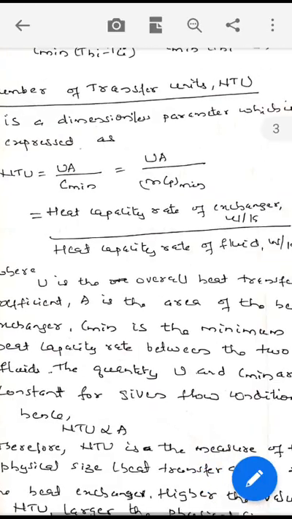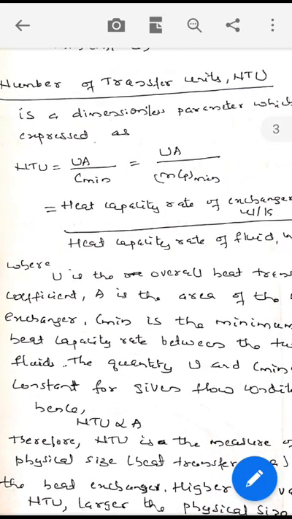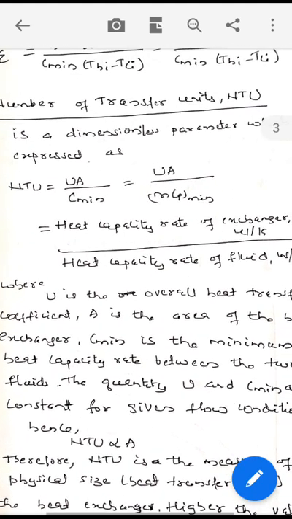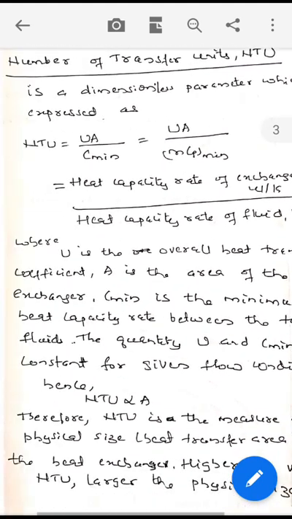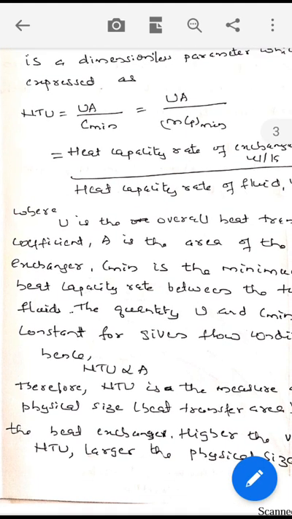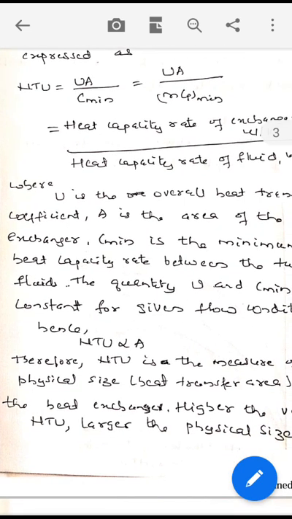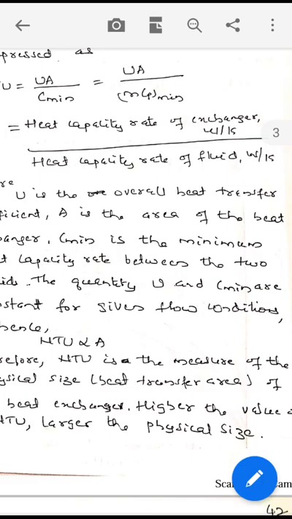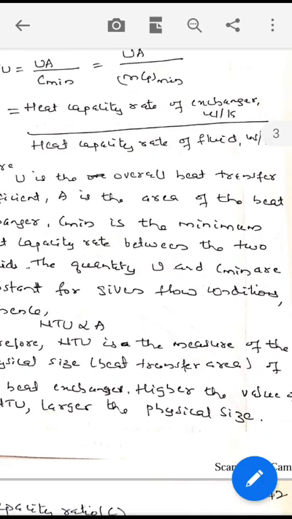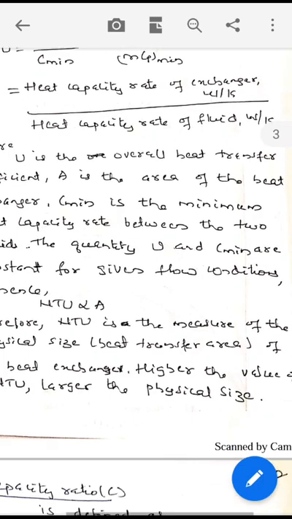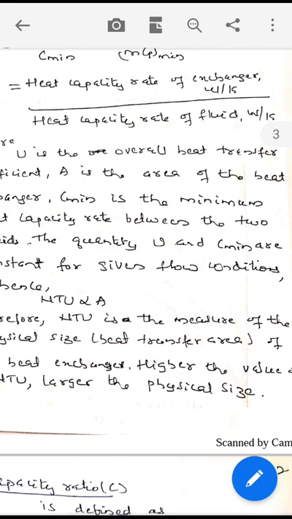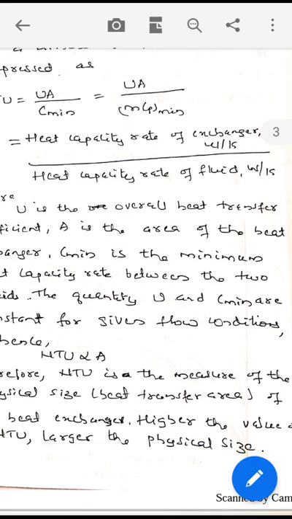Now another term associated with the heat exchanger is the number of transfer units, NTU. Number of transfer units is a dimensionless parameter expressed as NTU equals UA divided by C minimum. It is defined as the heat capacity rate of the heat exchanger divided by the heat capacity rate of the fluid, in watt per Kelvin divided by watt per Kelvin.